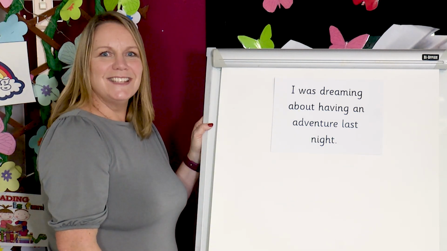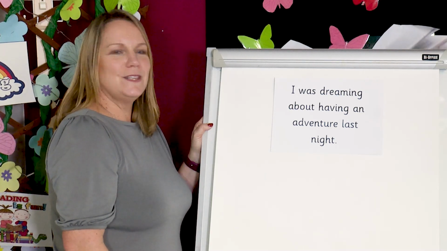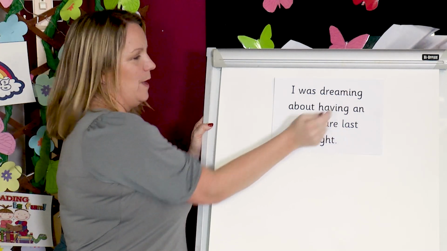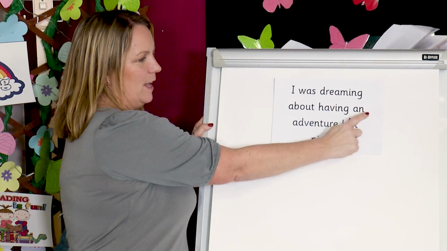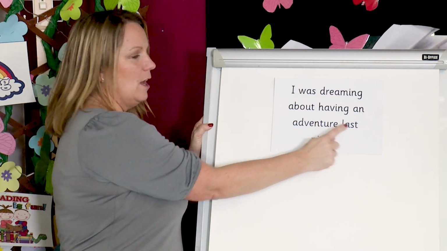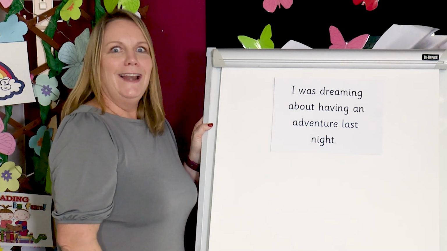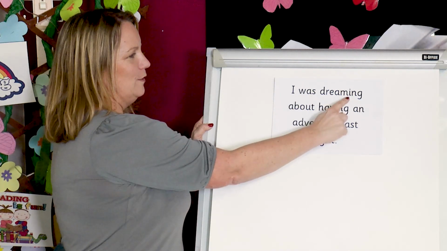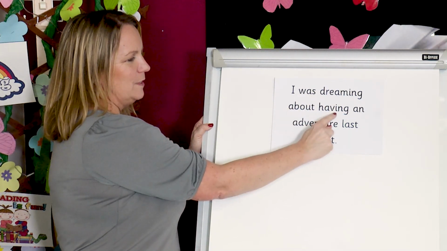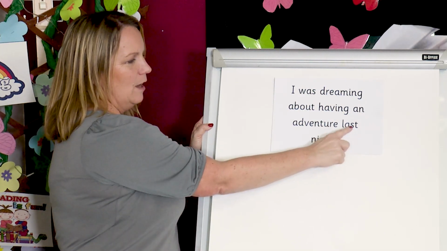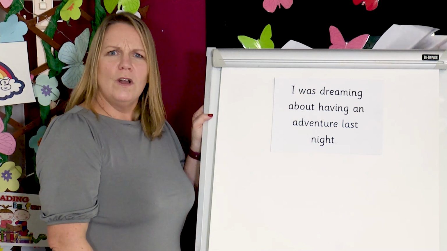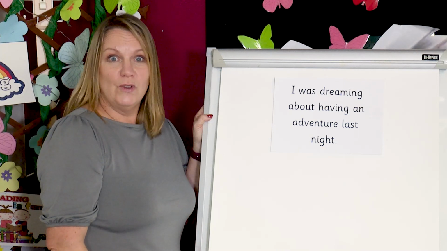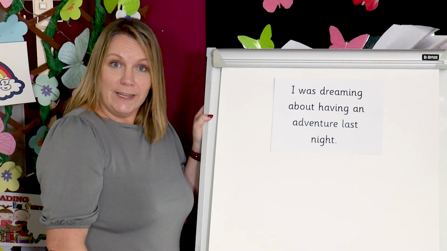Now let's read the sentence together. Read with me as I point to the words. I was dreaming about having an adventure last night. Let's read the sentence one more time. I was dreaming about having an adventure last night. What kind of adventure might you dream about? I sometimes dream about diving under the sea.